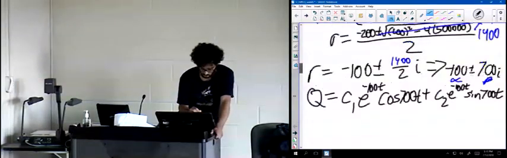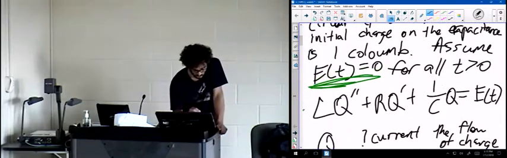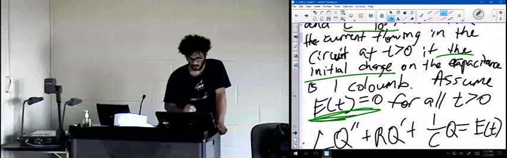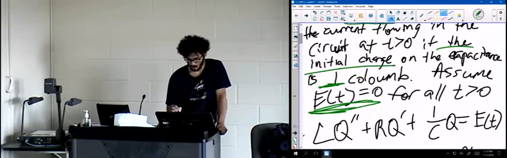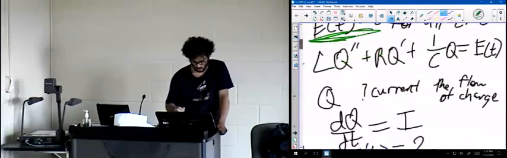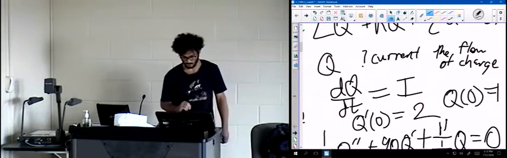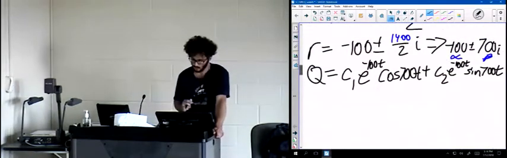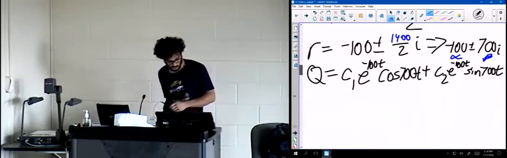Let me go back. I forgot one initial condition, which is right here. The initial charge is 1, so that's the case. We know Q naught is 1, right? So what I'm going to do is go ahead and solve for one of these constants before I take the derivative of my charge here.